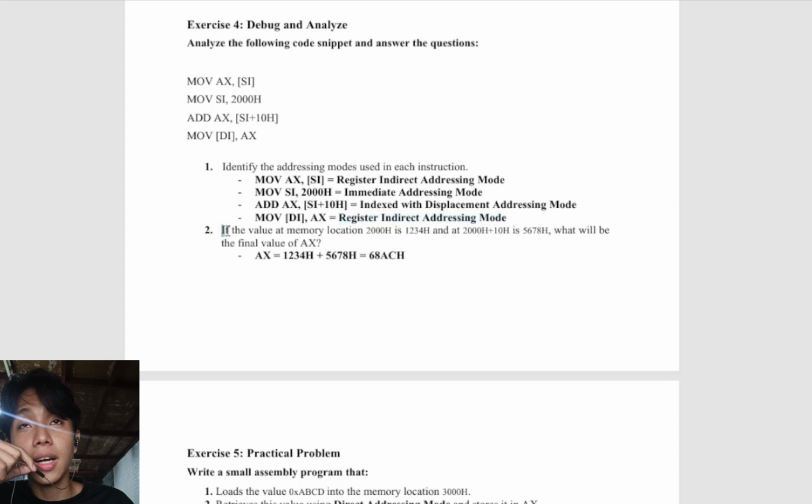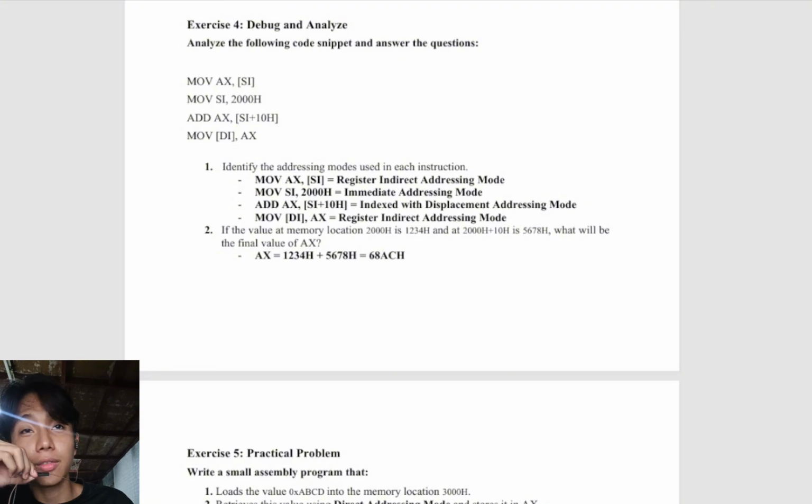Number 2: if the value at memory location 2000H is 1234H and at 2000H plus 10H is 5678H, what will be the value of AX? Here AX equals 1234H plus 5678H, which is 68ACH.